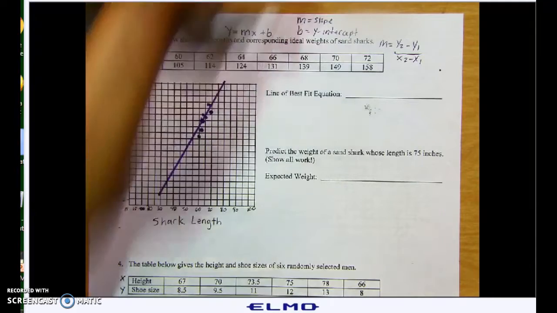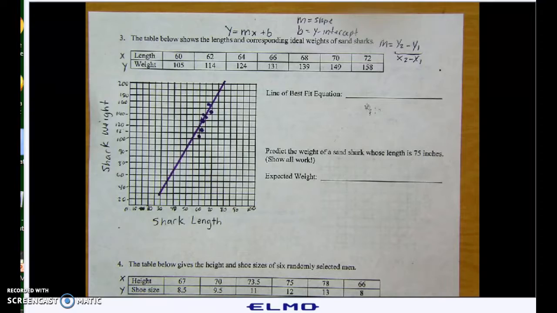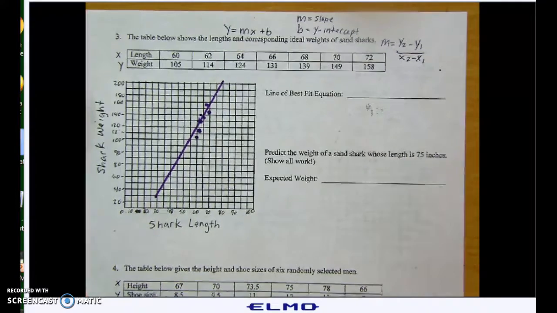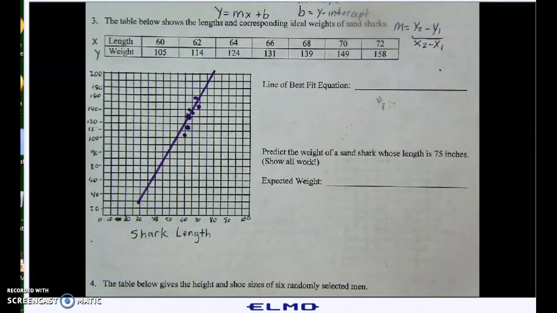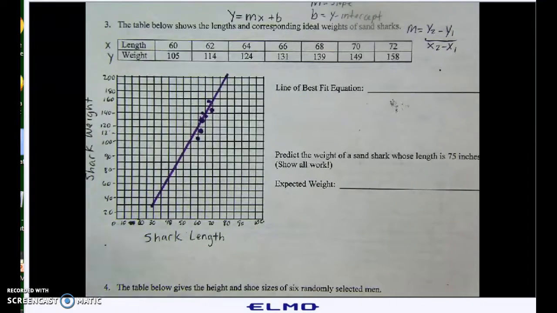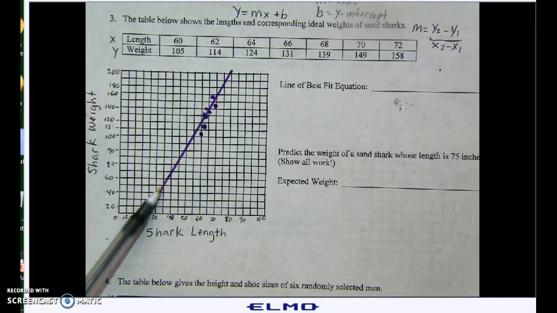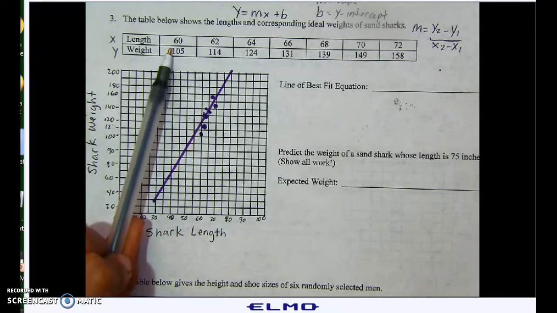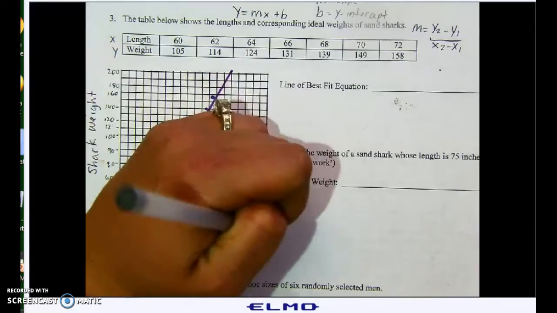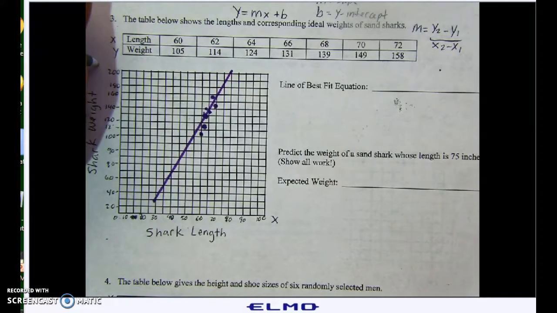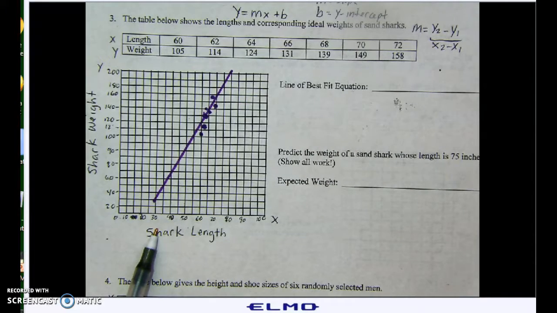for each problem. Okay? I'm going to zoom in a little more. I went ahead and plotted my points for the data and drew the line that best fits. The way you do that is this is my x-axis and this is my y. We're talking about shark length to shark weight.